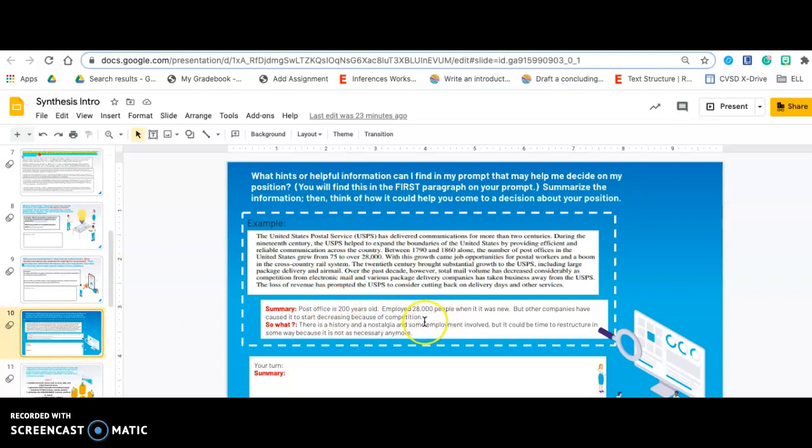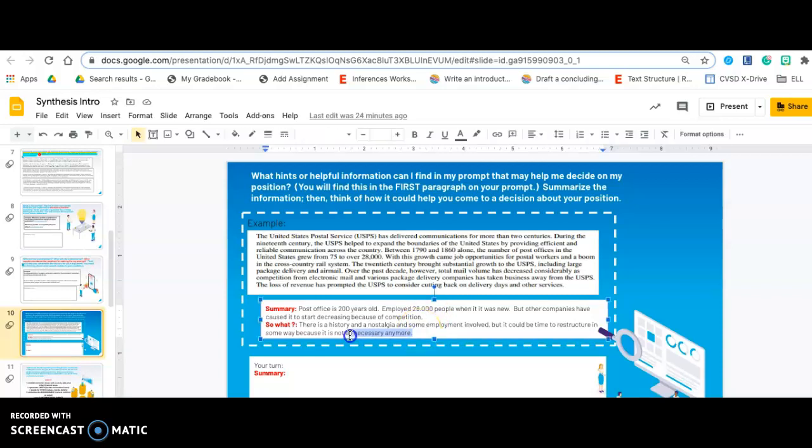When it was new, 28,000 post offices were established, but other companies have caused it to start decreasing because of the competition. So why does that matter? Well, there's a history and a nostalgia to the post office. It's always been a part of American culture. It has employed a large number of Americans, but in some ways it's not as necessary anymore. So that's why this is important.